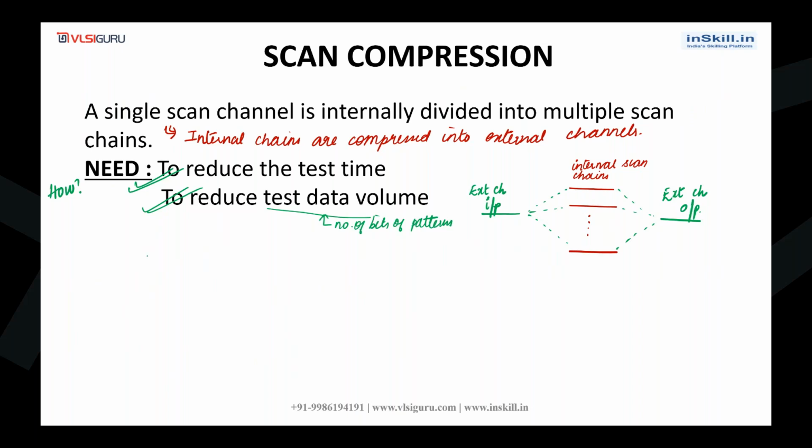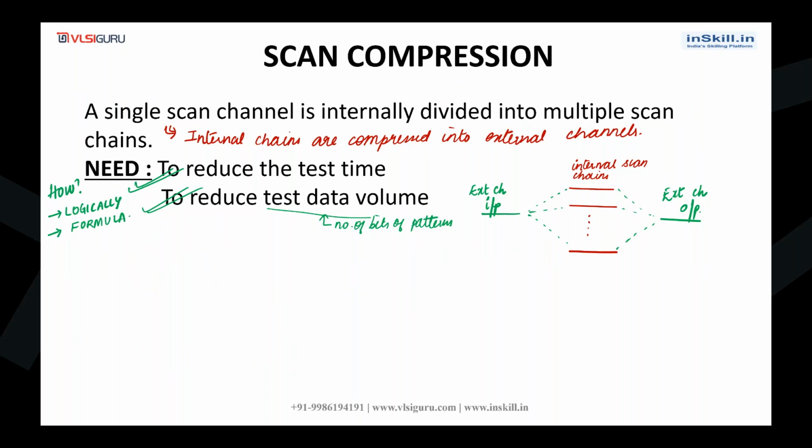How? That is what we will try to understand logically. We will also try to understand with the help of formula. How, if you go for scan compression, you are able to achieve reduction in test time and reduction in test data volume. We will also take the formula for test time and the formula for test data volume.